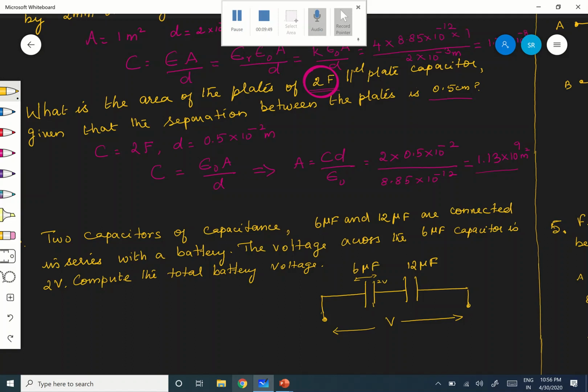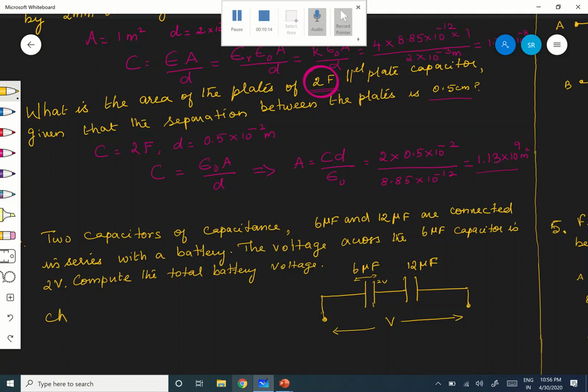Now you find out how to find the rest, because they are connected in series. Very important: in the grouping of capacitors, in the series combination we have seen that when capacitors are connected in series, the charge on each capacitor will be the same. Therefore use that concept here.